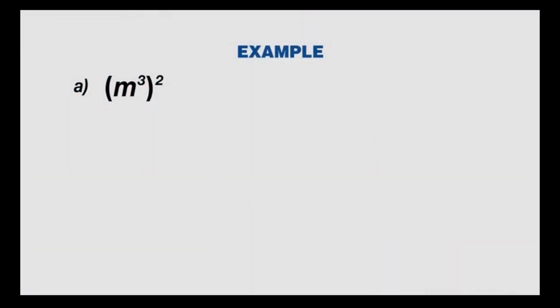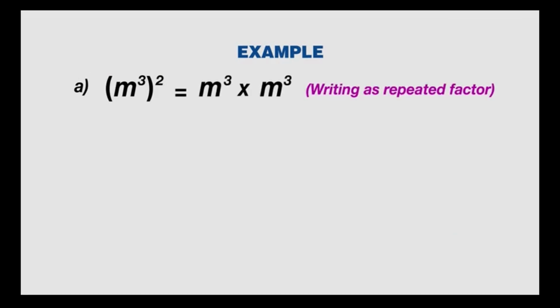Now we want to look at when an index number is raised to another power. For example, you have m cubed raised to the power 2. Now we know that when we raise to the power 2, it means we are multiplying something by itself. So m cubed raised to the power 2 means we are multiplying m cubed by another m cubed.